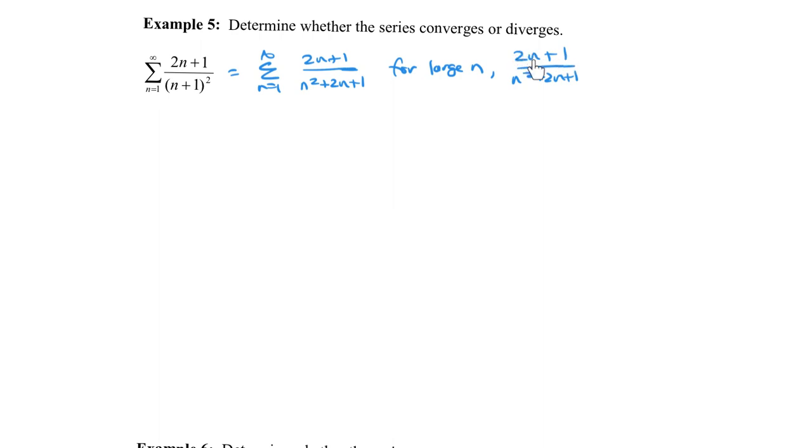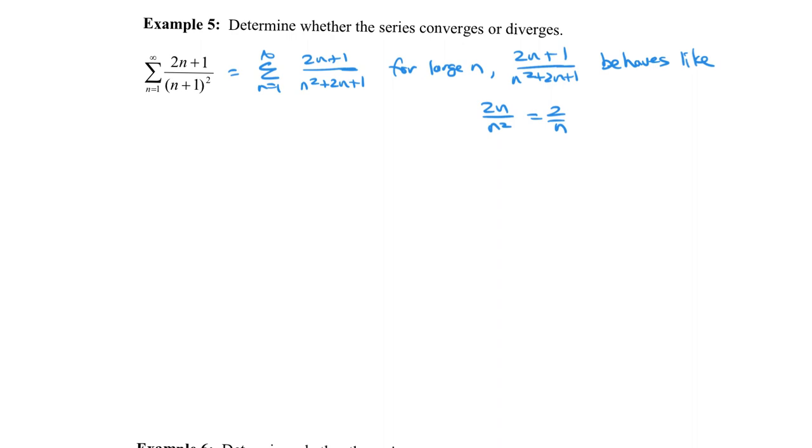This one won't really matter when n is just a huge number, right? And down here, the denominator is going to be dominated by n squared, because we could make n squared as far away from 2n as we want to, just by making n big enough, right? So for large n, I'd say this behaves like probably 2n over n squared, right, which is 2 over n, if you just kind of keep going.